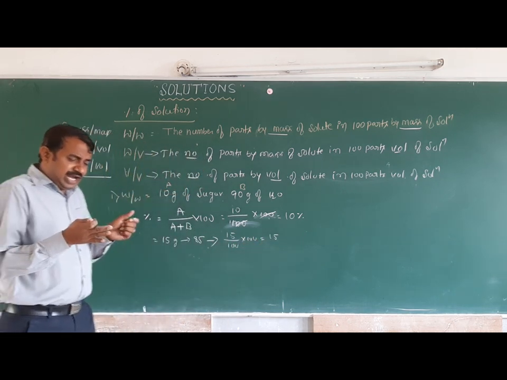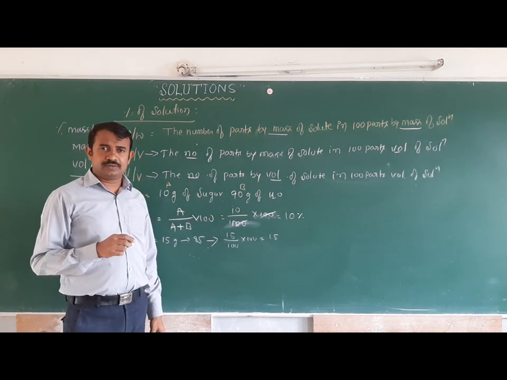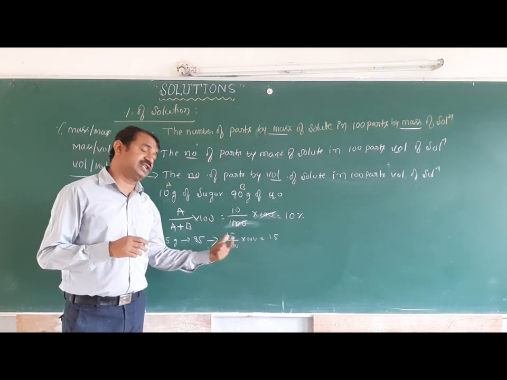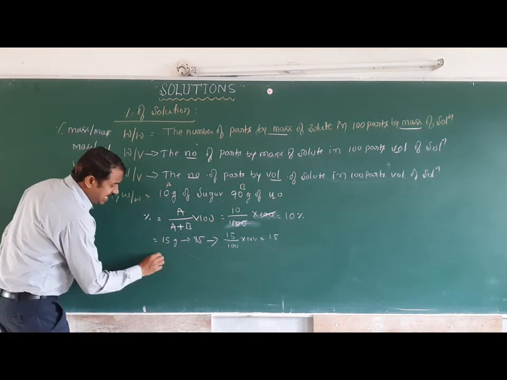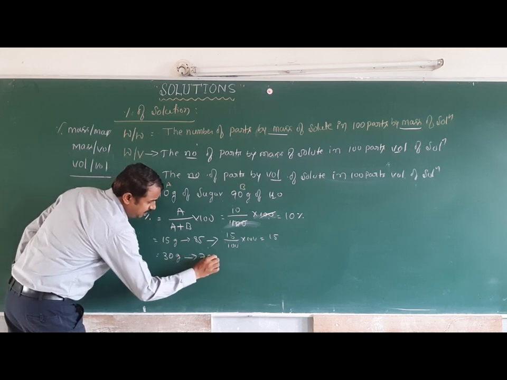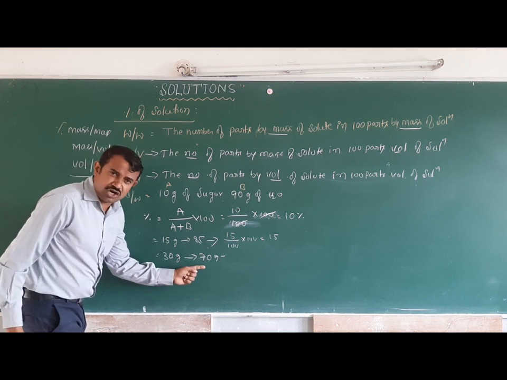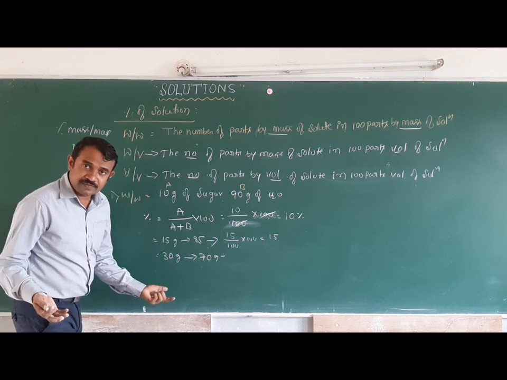If the total is 100, you easily get the percentage of solute or solvent. Similarly, 30 gram dissolved in 70 gram is 30%, and 50 gram dissolved in 50 gram is 50%.